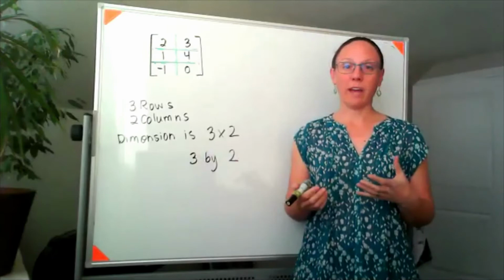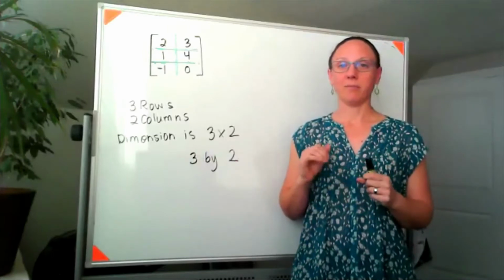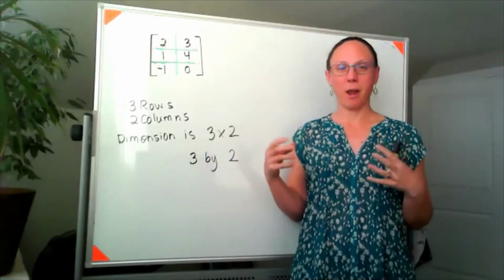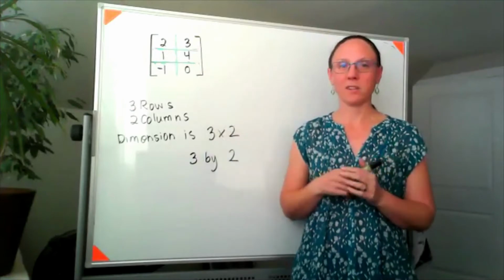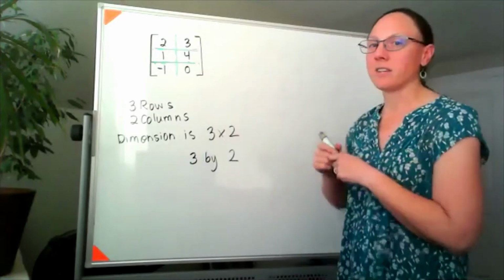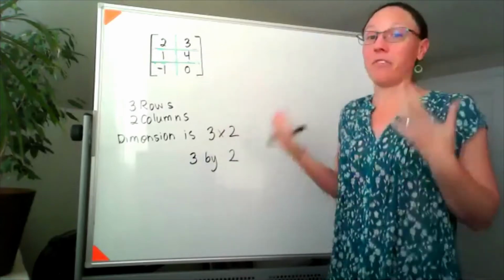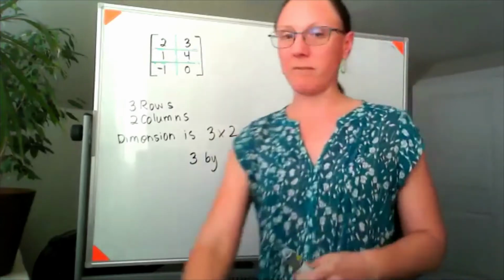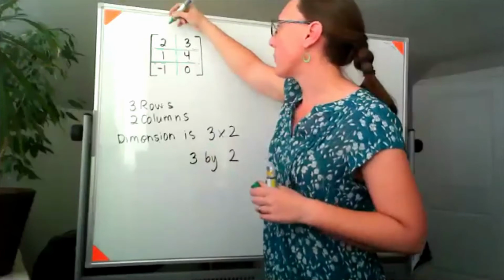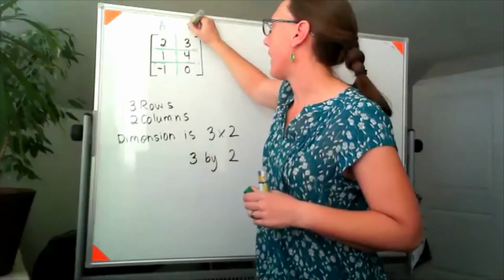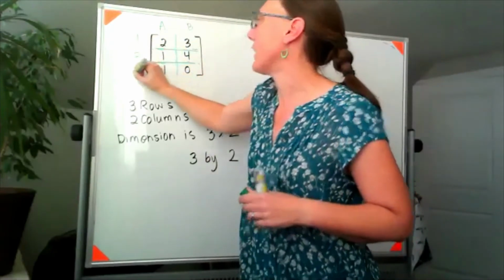We also have a way of designating or numbering those rows and columns. So if I wanted to say, you should go look at the number 4. Well, if I think about an Excel spreadsheet, these would be labeled as A, B, and 1, 2, 3.